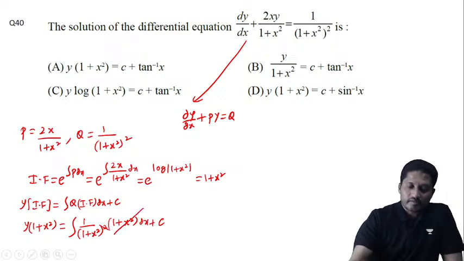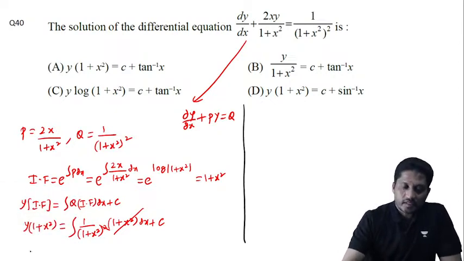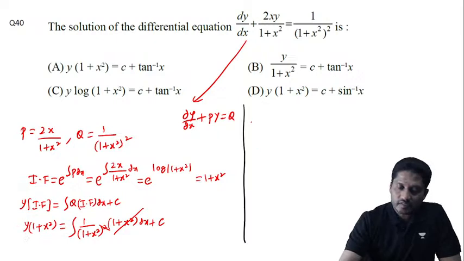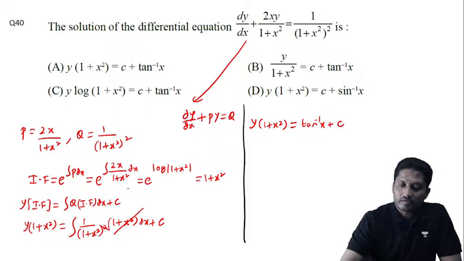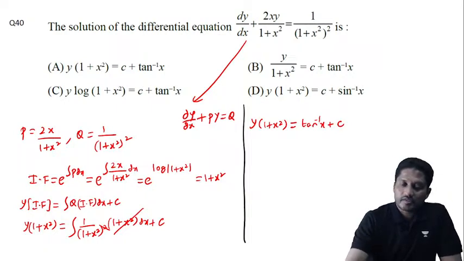This will cancel with the square. Then you get y into 1 plus x square is equal to integration of 1 by 1 plus x square, which is tan inverse of x plus c. Answer is option y into 1 plus x square is equal to c plus tan inverse of x, first option only.